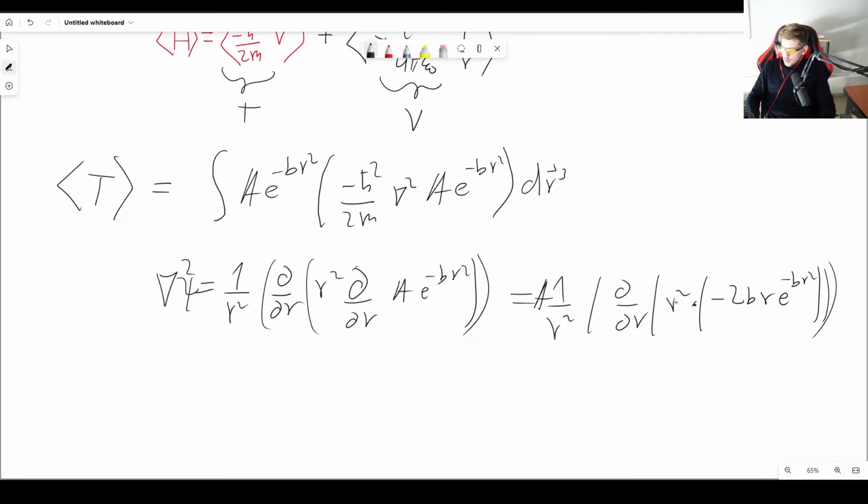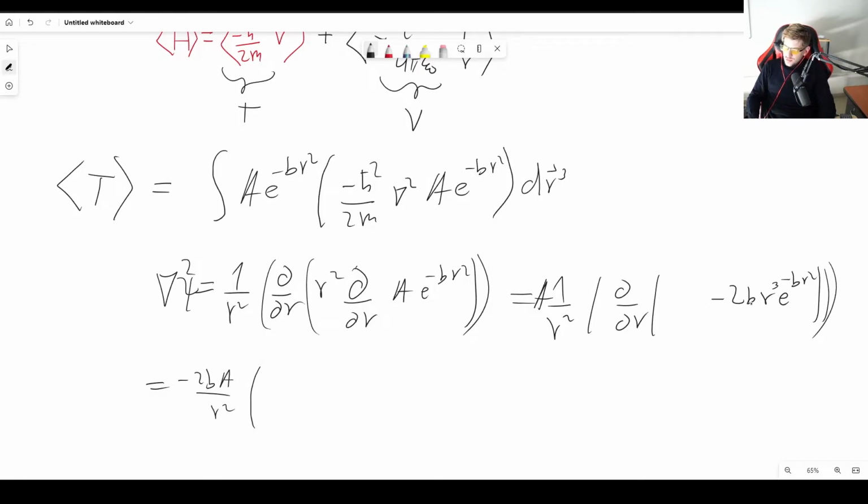Now multiply through by r squared, and we get r cubed. Now we need to take that derivative. But before we do that, we can factor out minus 2b. That way, everything will look a little bit cleaner over r squared. You don't need to do it, but it's a little bit cleaner.